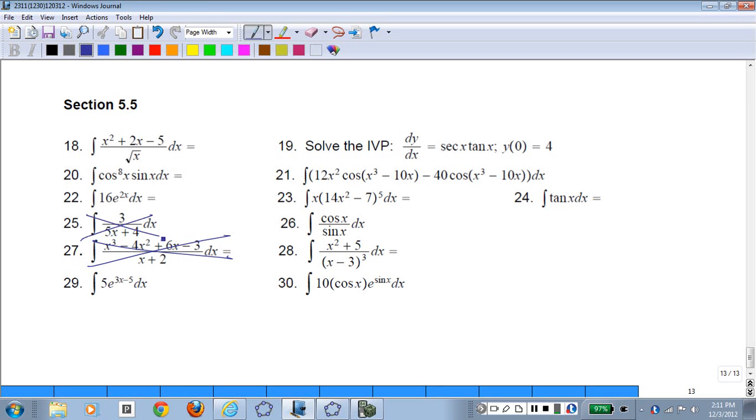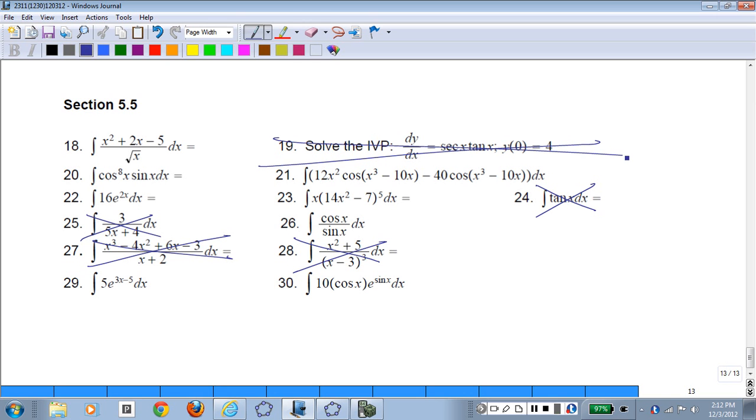I just don't think we've hit enough examples of those. It's a great problem. This one seems too extreme. This one you need to write it as sine x over cosine x, but we really ought to do that in class.